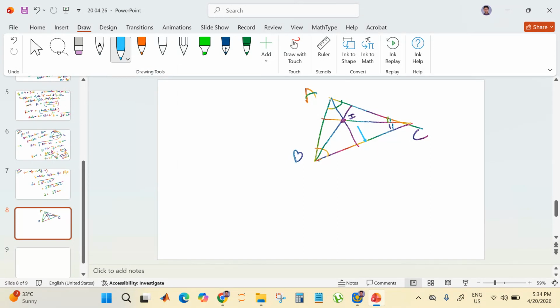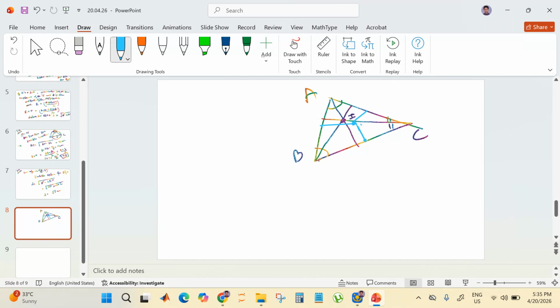Similarly, suppose this is the midpoint and perpendicular on it, and this is, suppose, the midpoint and perpendicular on it. Okay, so basically this point, suppose this is the circumcenter.